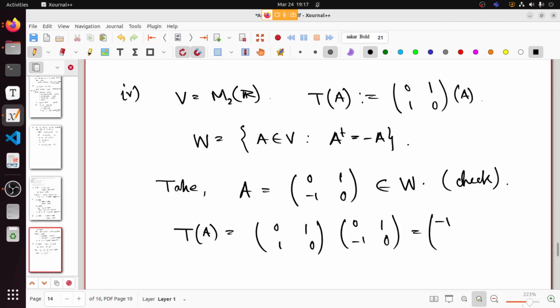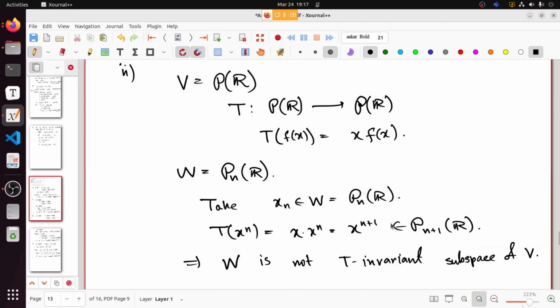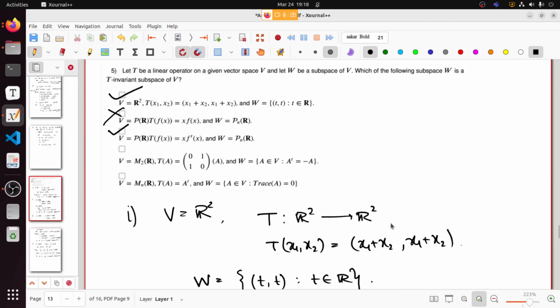Minus 1, 0, 0, 1. But this does not belong to W, right? Because this is not a skew symmetric matrix, which implies W is not a T invariant subspace of V. So option number 4 is false.